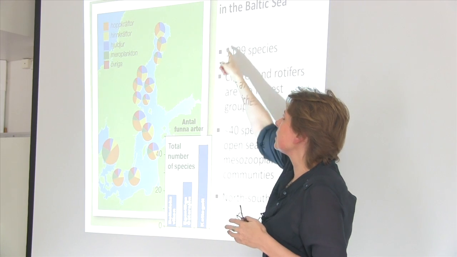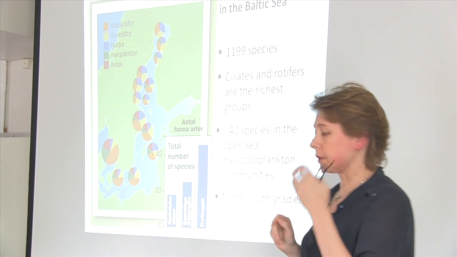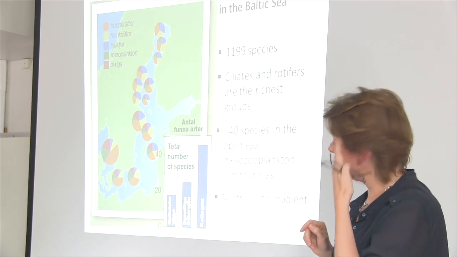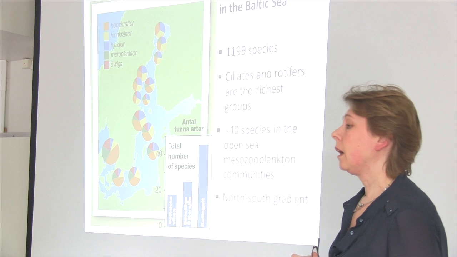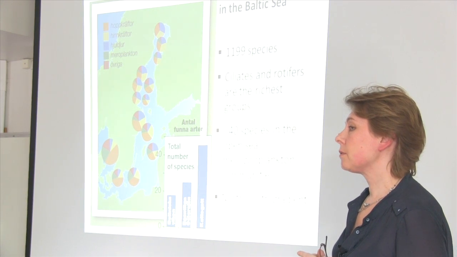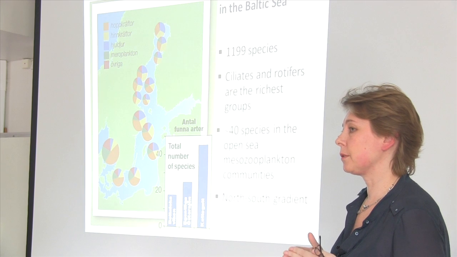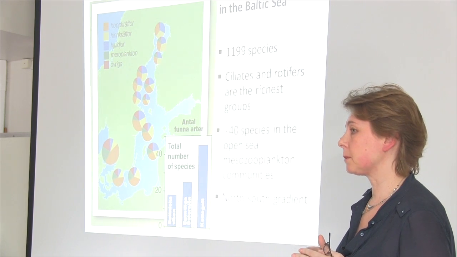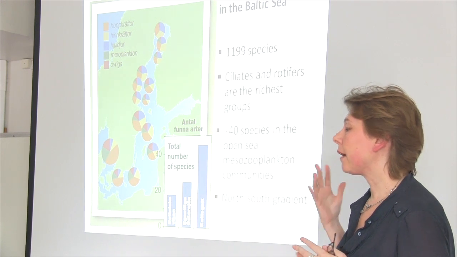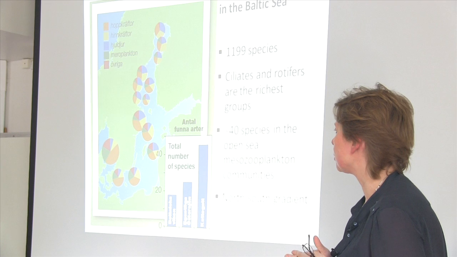Since in this group ciliates and rotifers contribute most, like 90-something percent, it actually shows that the true diversity of these microscopic species could be much, much higher than what's usually appreciated.